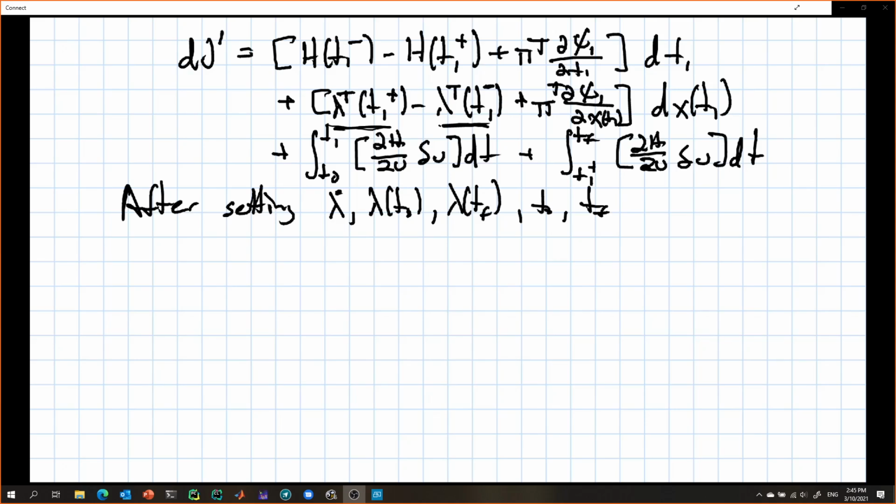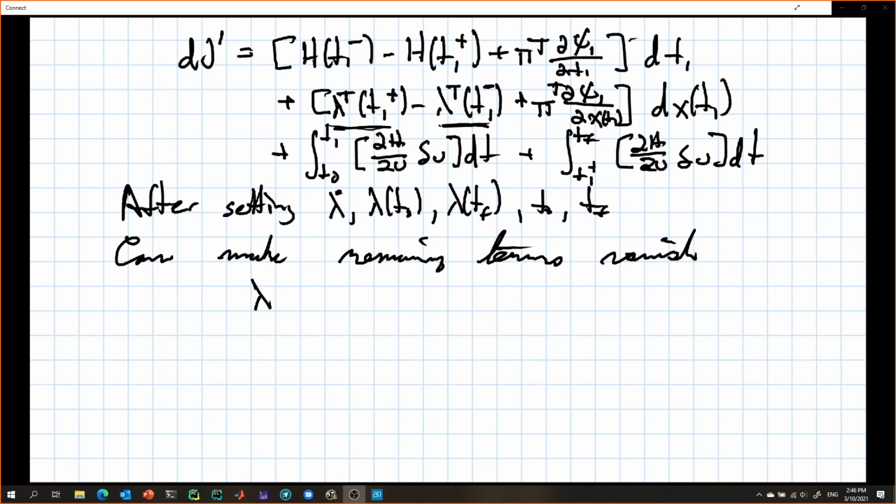So out of these remaining necessary conditions, the first one, let me put this. So we can make the remaining terms vanish.